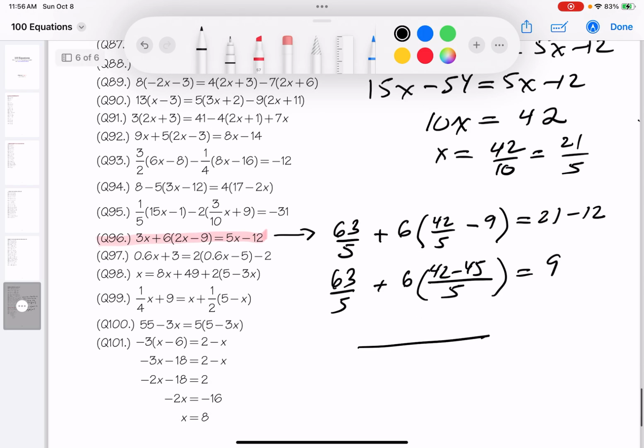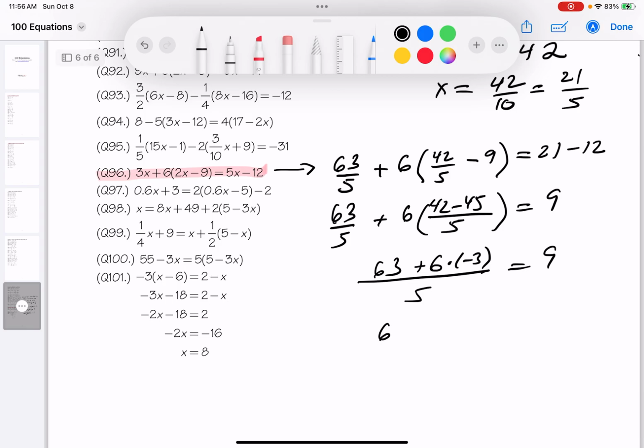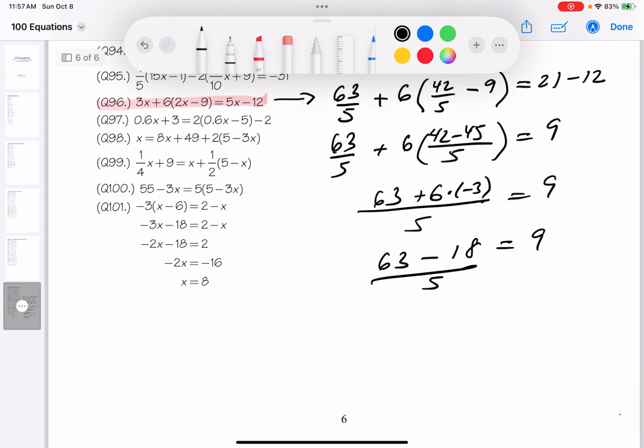All right, common denominator 5, you get 63, plus 6 times, well, 42 minus 45 is minus 3. Wow, 63 minus 18. Well, 63 minus 18 is going to be 45. That works, because 5 times 9 is 45.